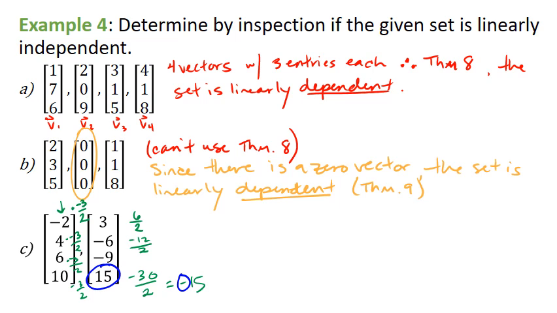So this is a problem. The second vector is a multiple of the first vector, except in the last entry. So they're not multiples of one another.